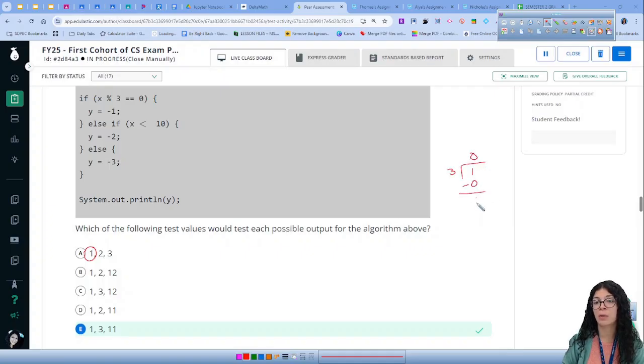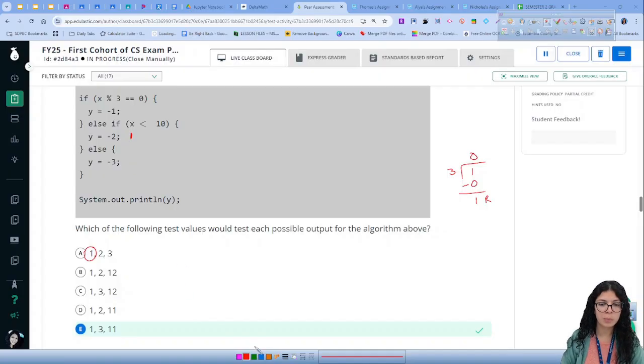And when I subtract, I remain with 1. So the remainder is 1 here. So is 1 equal to 0? No. So that means the first condition is false. I go to the else if. Is 1 less than 10? It is. So 1 will end up testing this second case where the first condition is false, but the second condition is true.